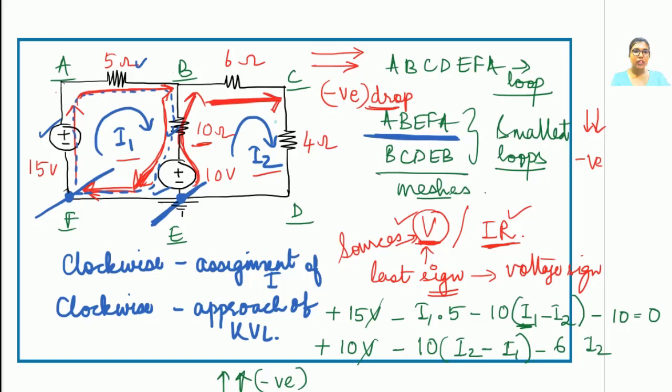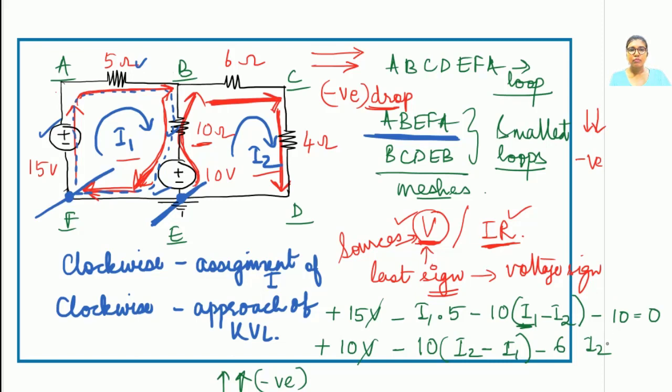Next, since we are going in a clockwise fashion, we'll travel from C to D. We are going in a clockwise fashion across this particular mesh from C to D. We are traveling from top to bottom. Look at the direction of the current: only I2 is flowing through this particular element, and that is also flowing from top to bottom. My analysis is also from top to bottom, and the branch current is also flowing from top to bottom, so it will be a drop.